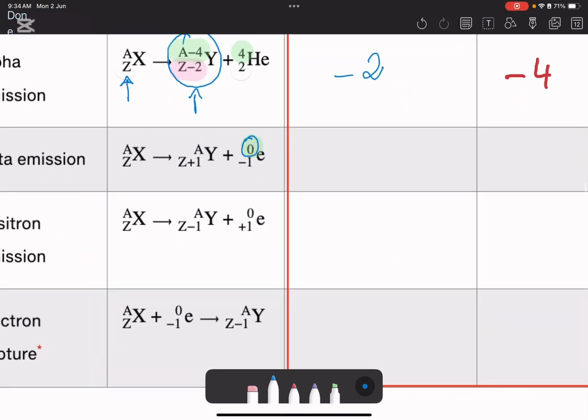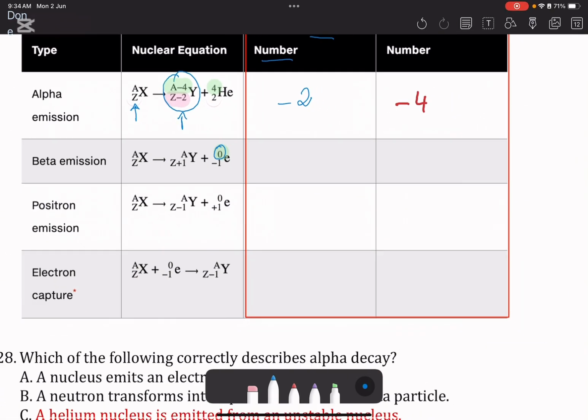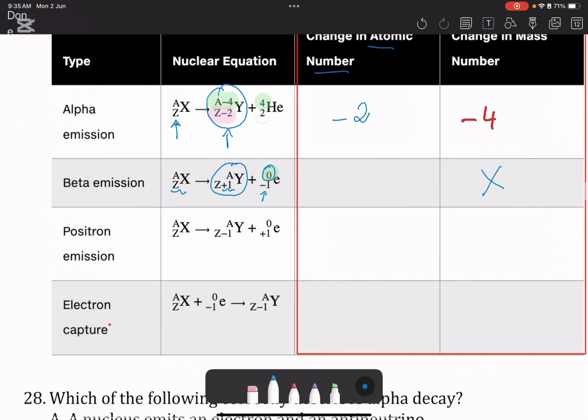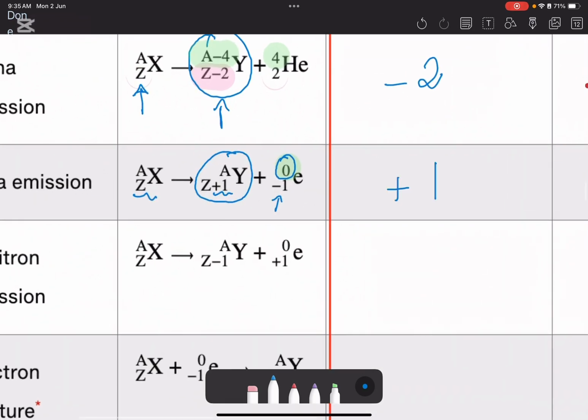Beta emission. Look at the beta particle. It has 0 mass number, so there is no change in the mass number. However, the beta particle has an atomic number of -1. Therefore, the daughter nuclide obtained is going to be 1 higher than the parent, so the atomic number increases by 1. Why am I saying this? Because the numbers should be conserved.